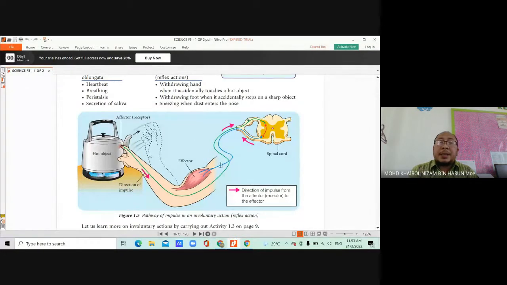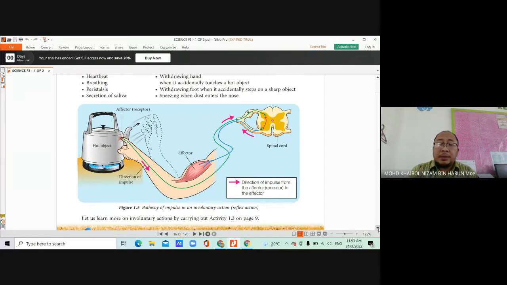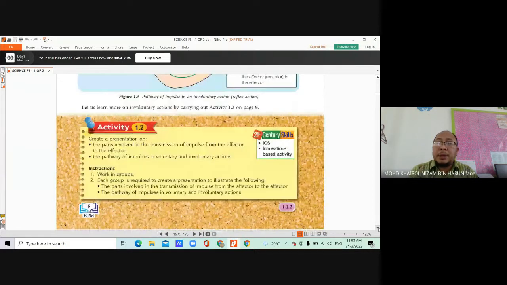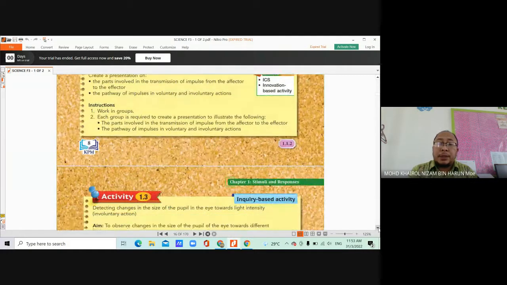So this is exactly the reflex action. This occurs in a situation of emergency where we need a very fast action. That is an example of involuntary action.